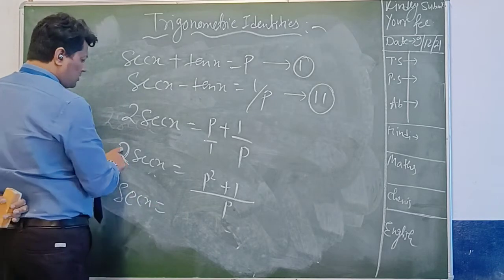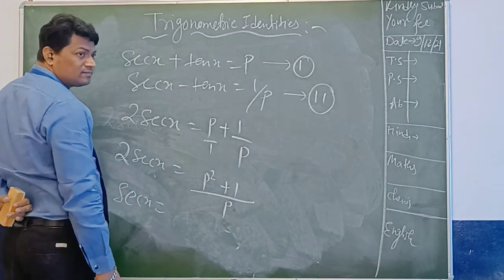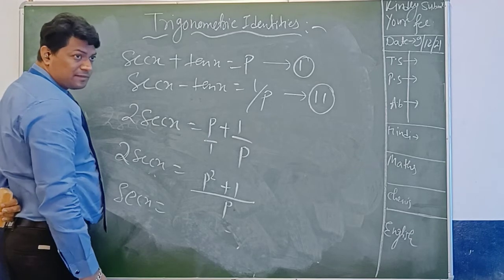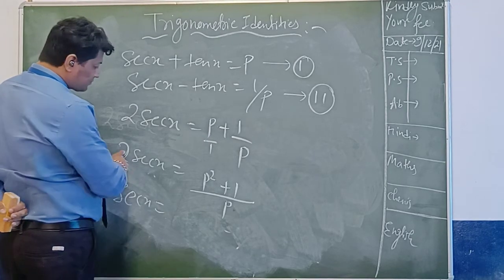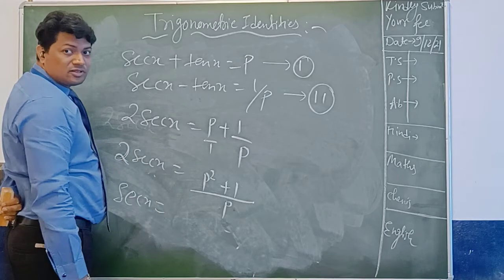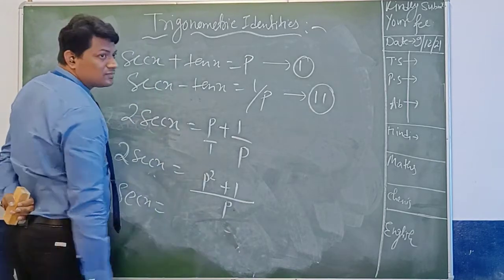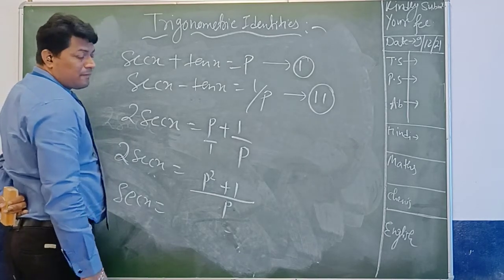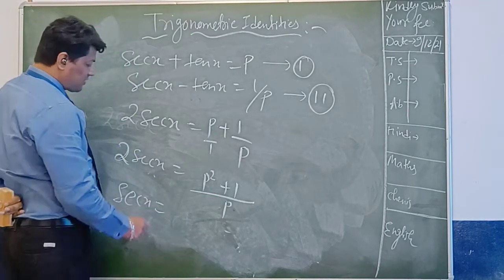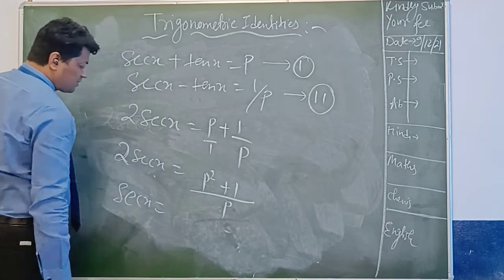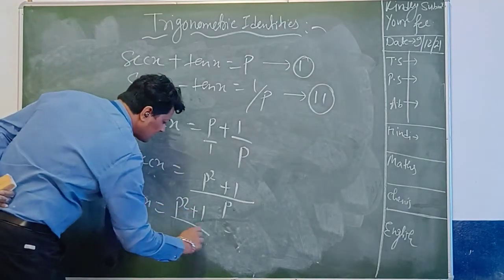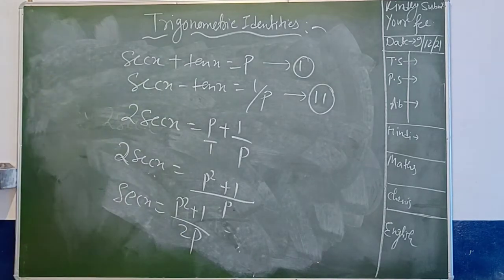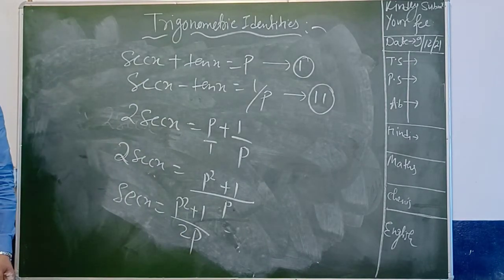This 2 will go downside; when you go for cross multiplication, sec x equal to p square plus 1 divided by 2p. Is it clear? This one is the value of sec x.